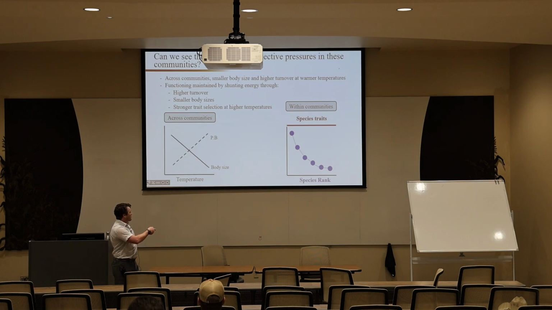If we align species based on their rank energy use and look at how a trait axis relates to that, one example is that it's just unrelated, relatively speaking. There's no clear relationship. On the other side, species rank might be negatively related with species traits, or in another case, positively. And so we can look at these patterns within a community to think about how, not selection per se, but how community assembly processes might be favoring certain species traits.